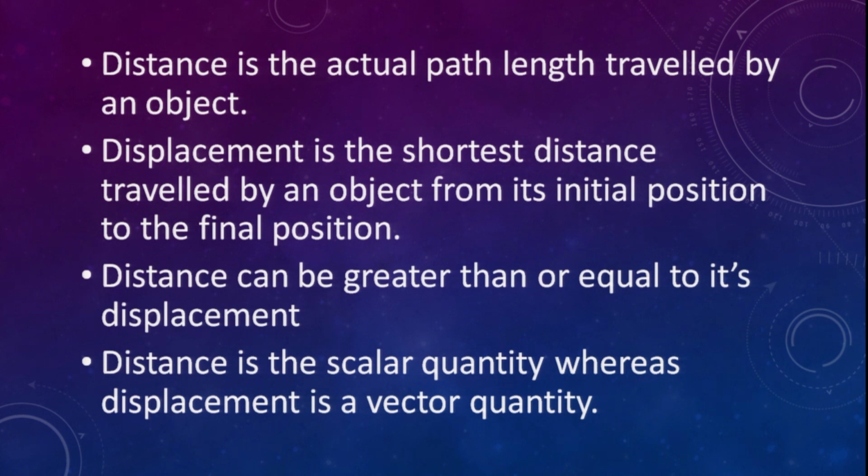Distance is the actual path length travelled by an object. Displacement is the shortest distance from its initial position to its final position. Distance can be greater than or equal to displacement. Distance is a scalar quantity and displacement is a vector quantity.